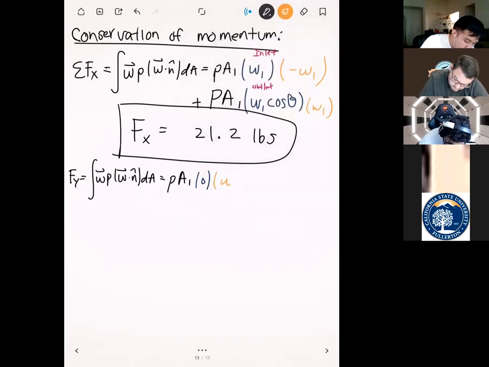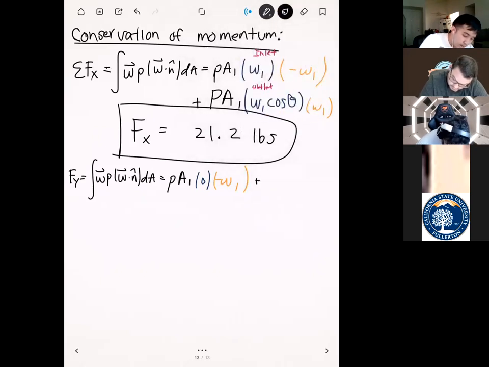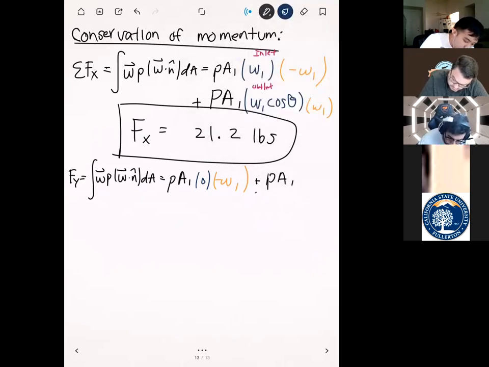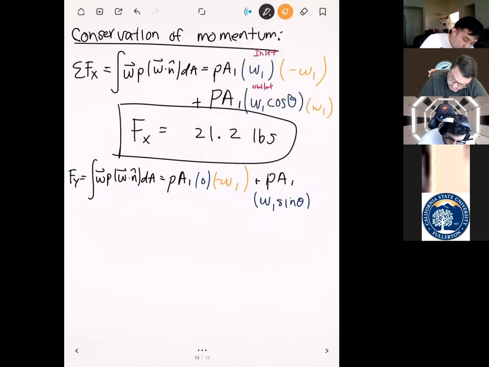So that's the component. For the carrying velocity, we're going to have a minus W1. And for the outlet, we're going to have rho A1. Our y component is going to be W1 sine theta. And then our carrying velocity here will just be a positive W1.